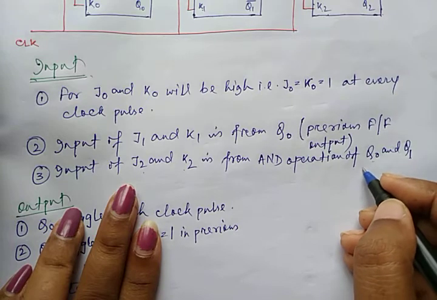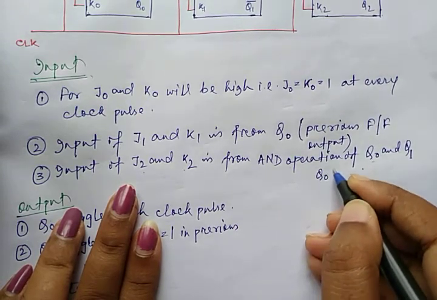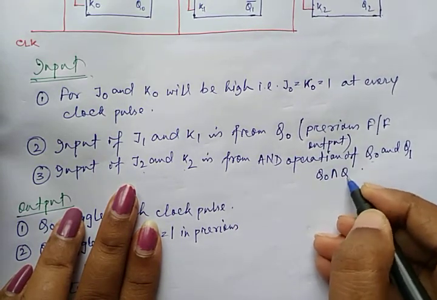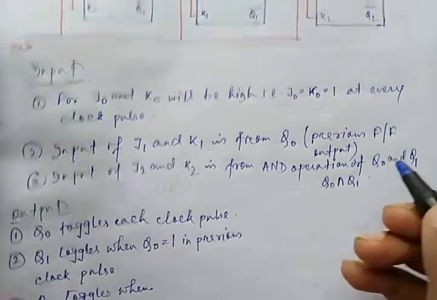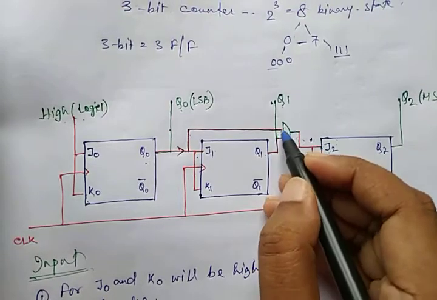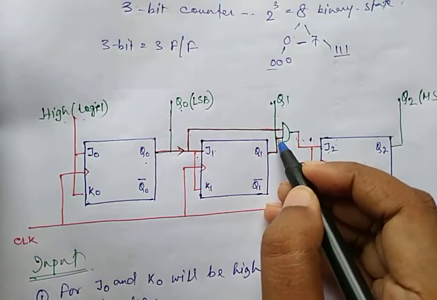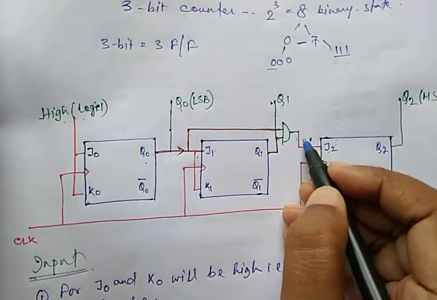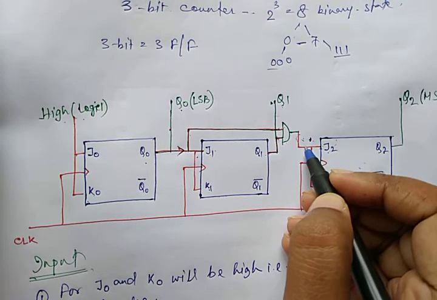For the AND operation, we only get 1 when both the values of Q0 and Q1 are 1, then only the AND gate output is 1.